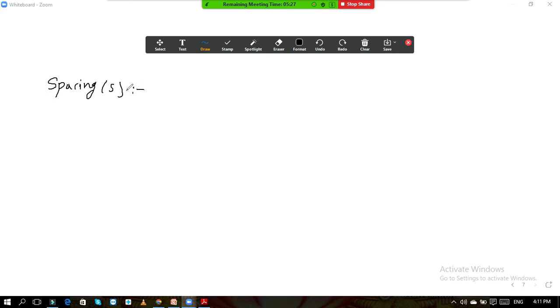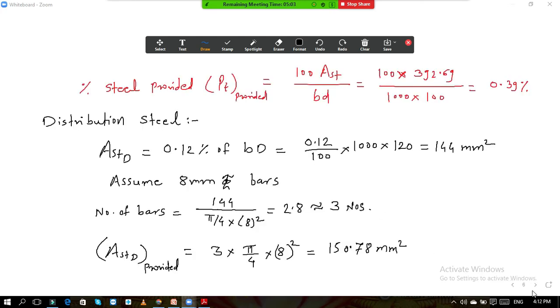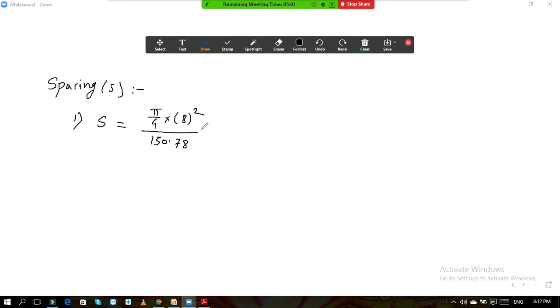Spacing S: first, spacing is equal to the area of a single bar divided by Ast provided, 150.78, multiplied by 1000 width. Let me know the answer.